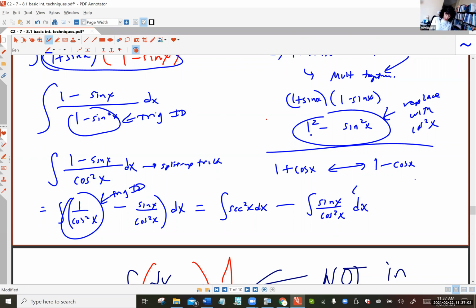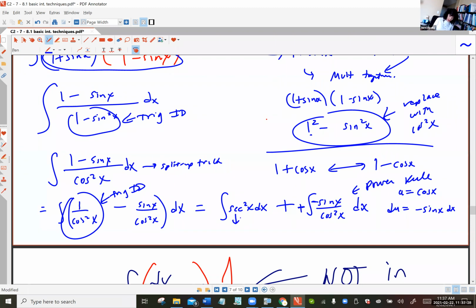This looks like 1 over u squared du, where u is cosine x, du is negative sine x dx. So I need the negative in there. So I can put 1 in, provided I put a negative in the front. But then I have 2 negatives out front here, so that's not really going to be a plus.